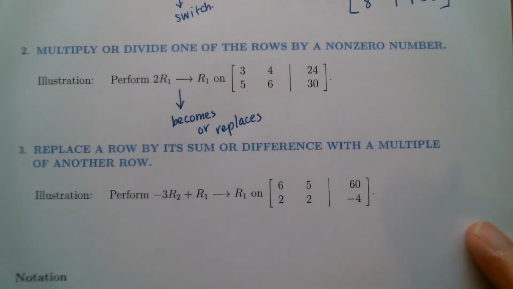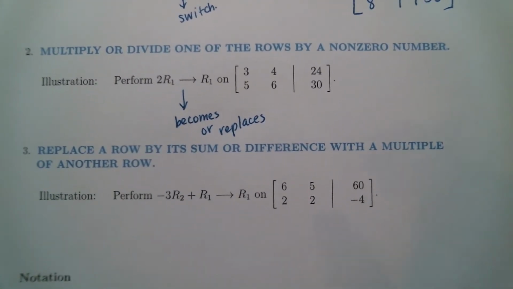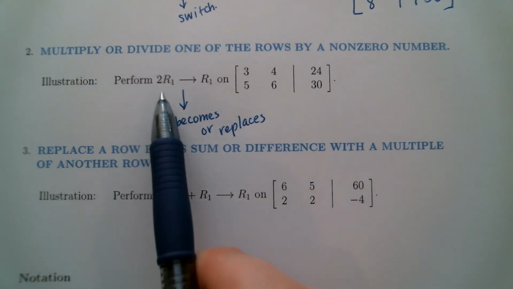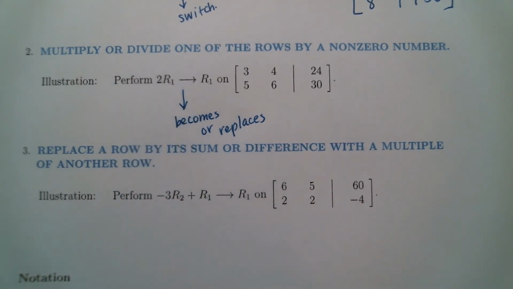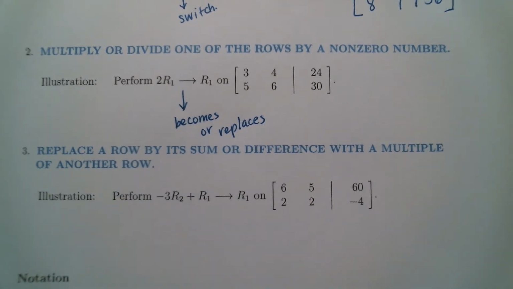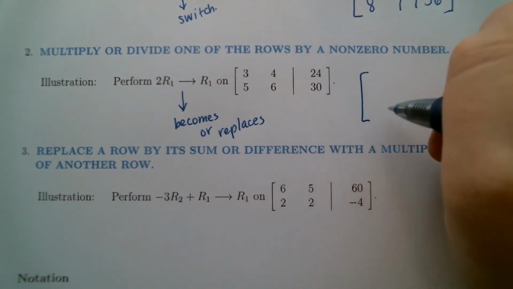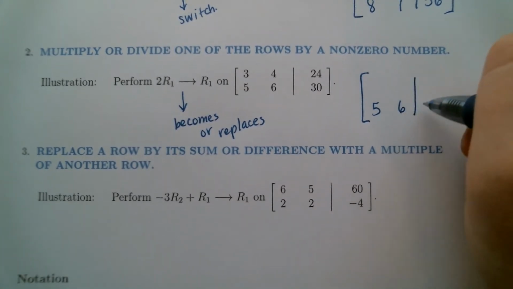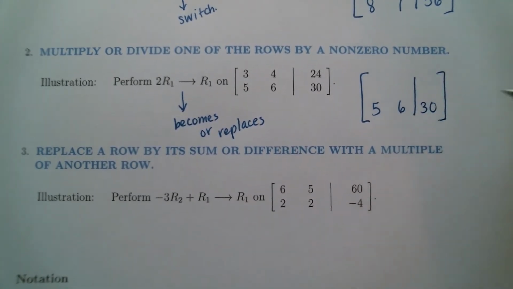Okay. All right. So here we go. We are taking the first row and multiplying it by 2. That is going to become the new first row. If you notice, there is no mention of the second row. So that means the second row is not going to change. So I am going to go ahead and just write down the second row because nothing is happening to it. And then you're going to multiply the first row by 2.